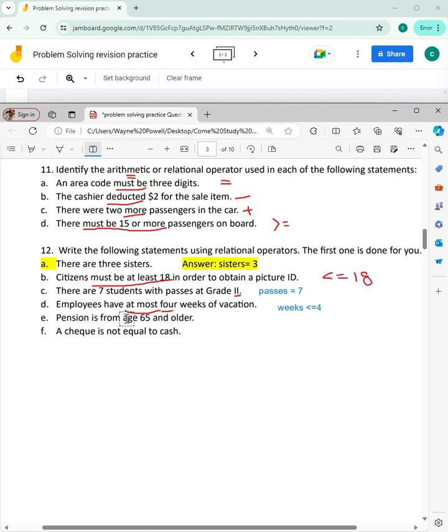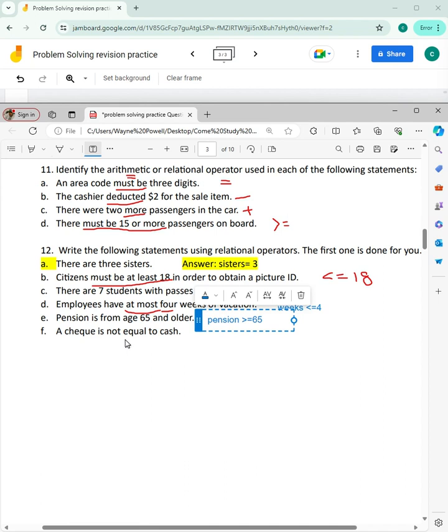Pension is from age 65 and older. So age 65 and older means you start at 65, and then age must be greater than or equal to 65.